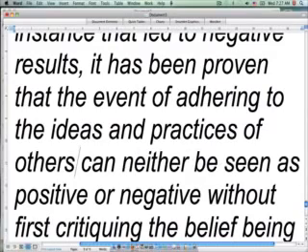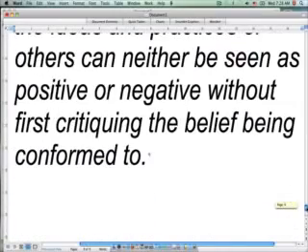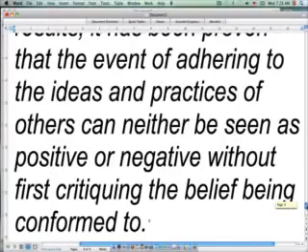So it has been proven that the event of adhering to the ideas and practices of others, now, I just changed that because we were saying conforming, it sounded kind of repetitive, can neither be seen as positive or negative without first critiquing the belief being conformed to. So we're not saying it's good or it's bad.